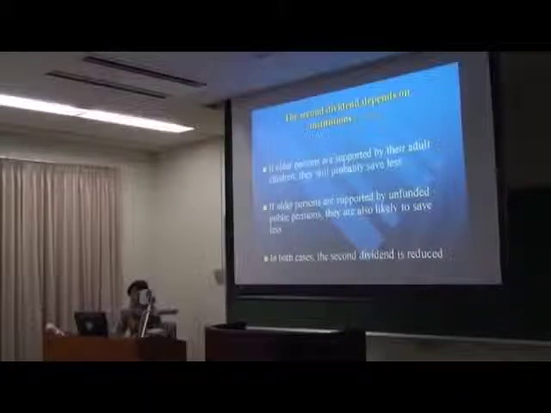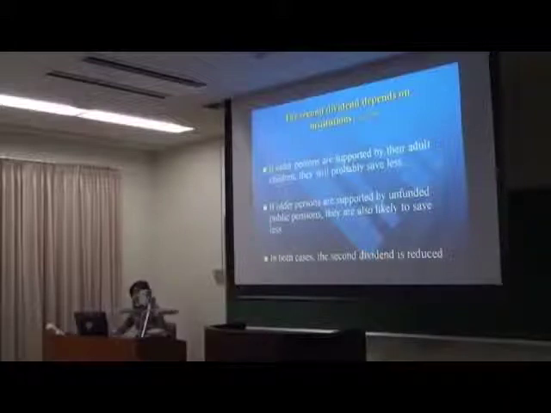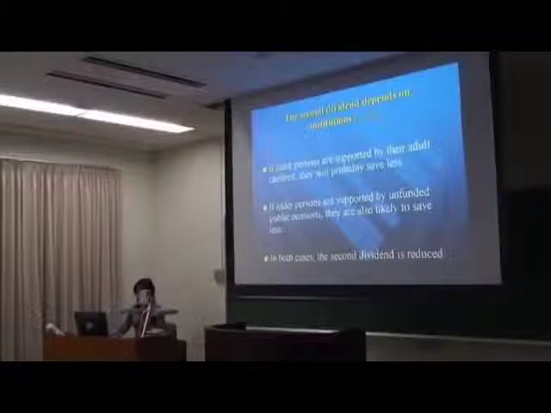That wouldn't do any good. Okay, because what? Because if older persons are supported by their adult children, they will probably save less. If older persons are supported by unfunded public pensions, they are also likely to save less.